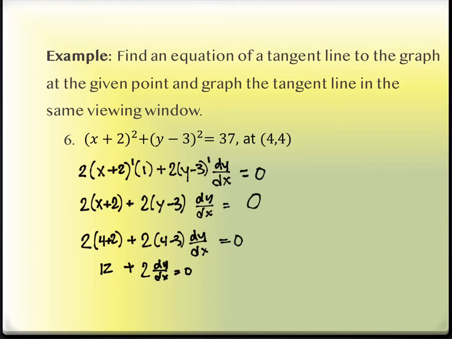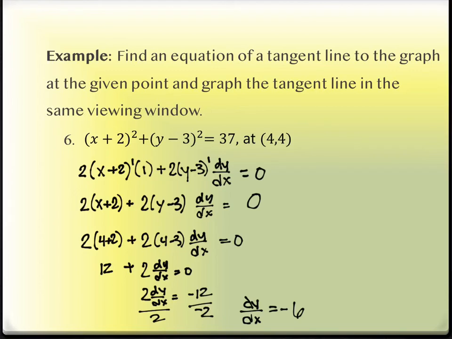Not 1/6, but -6, yeah. If you're not seeing it right away, if I simply shift the 12 to the other side, and then I divide by my 2, there's that -6 coming out. So my dy dx is -6. Remember, dy dx is a slope.